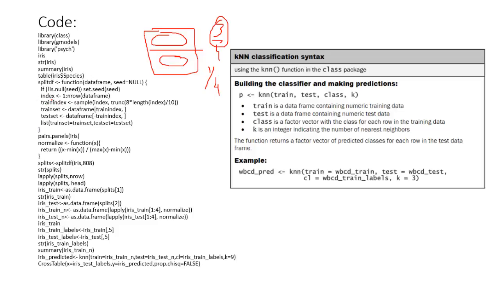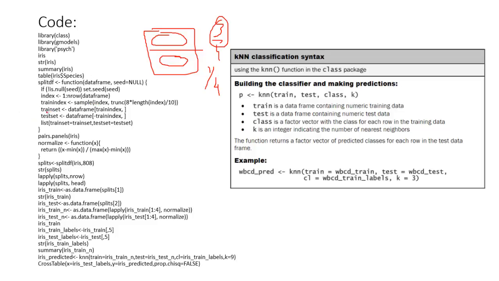I have created the total index, and out of this index I'm sampling 3 by 4th. Actually, I'm sampling not 3 by 4 but 4 by 5th, because the more data you train into the model, the better the accuracy you get. So I'm getting the train index from this sampling, like 44, 58, 67, 120, 131 and so on.